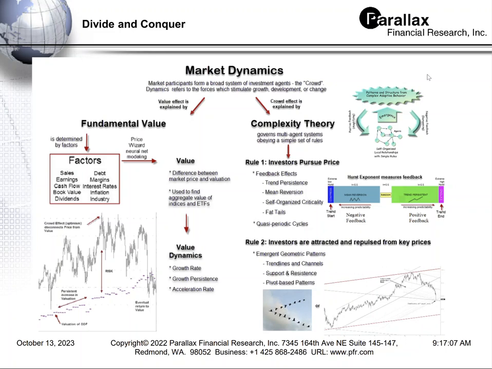And the other effect, which is maybe less obvious, is that investors are attracted and repulsed from key prices. And this really comes into effect because we're very good at seeing patterns. Humans are, and if there's a prior high or a prior low, investors tend to focus on whether that level is taken out or not.